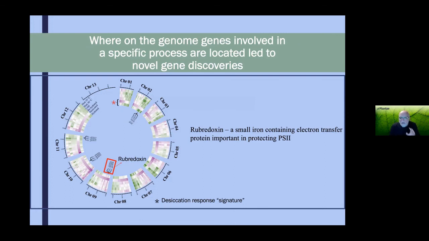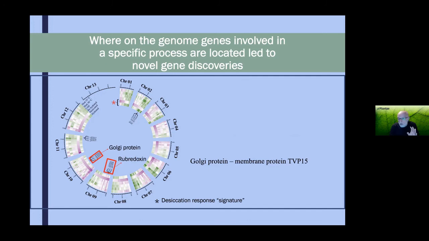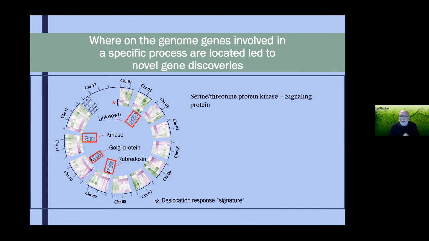So we have this rubredoxin, which is an electron transport protein, very important in protecting photosystem 2. We have a Golgi protein, which seems to be important in protecting inner membranes of the cytoplasm. We have unknowns, which is always the case, so we don't know what those genes encode. And then we have a kinase, a very common kinase involved in signaling of water deficit responses.